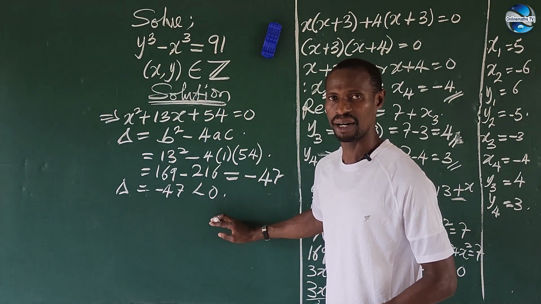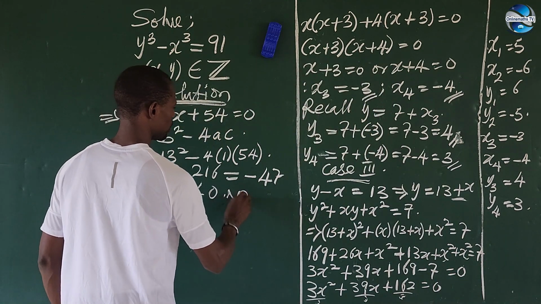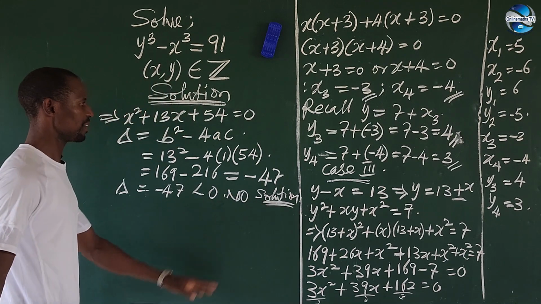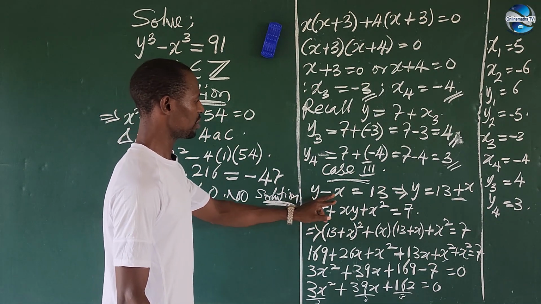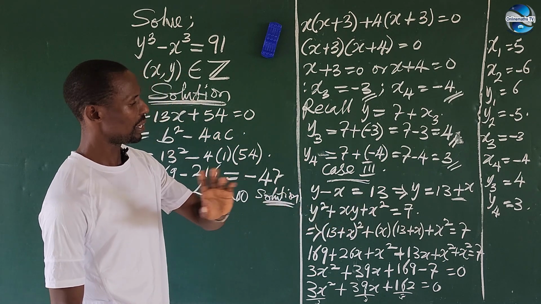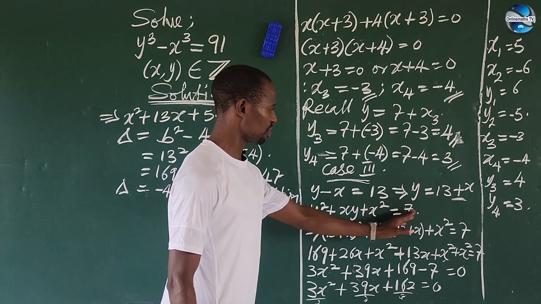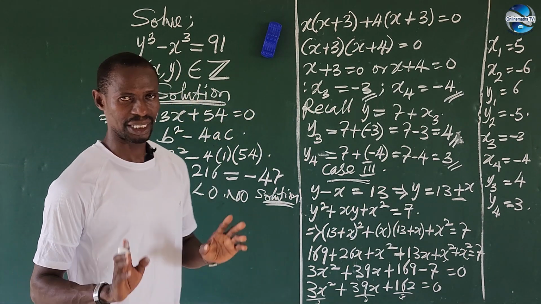Here we're going to have imaginary roots, so there is no solution here. Okay? No solution. And if you do that for case 4, whereby we have y minus 13 to be 91 and this other factor to be 1, there will be no solution also because we're going to have imaginary roots from there.